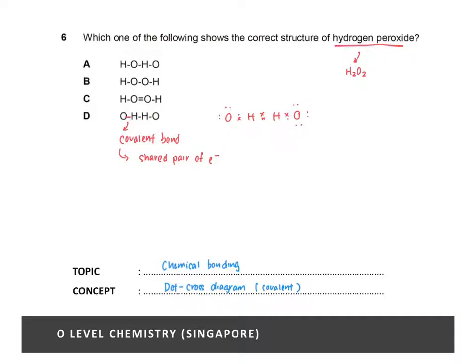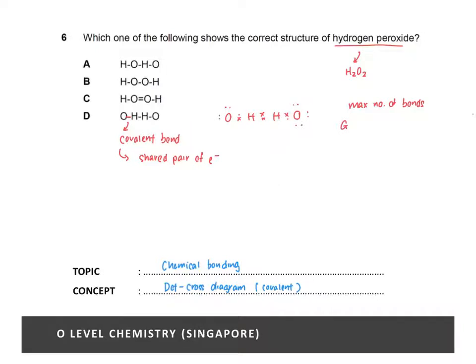And to use the shortcut, you need to recognize the relation between the maximum number of bonds an atom can form to the group number. Okay, so the maximum number of bonds that an atom can form is related to the group number in this way.